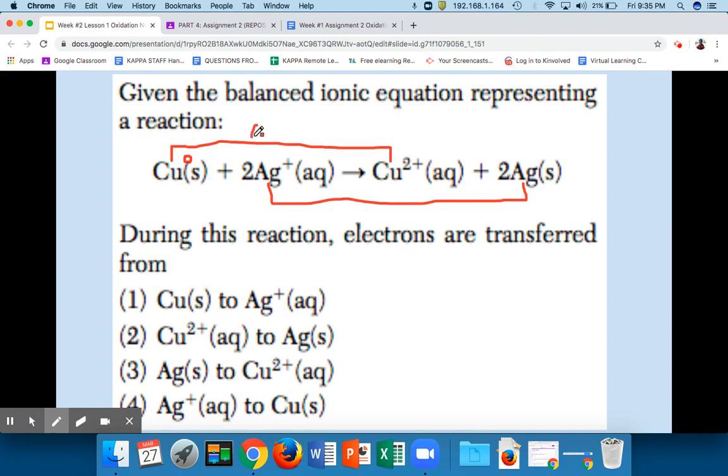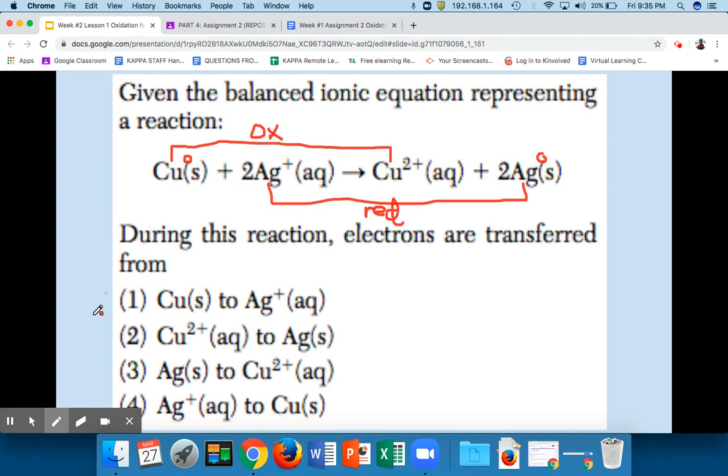It's losing electrons. So this is being oxidized. Ag plus is going to Ag 0, so that means it is gaining electrons. Reduction is gaining, so this is my reduction half reaction.